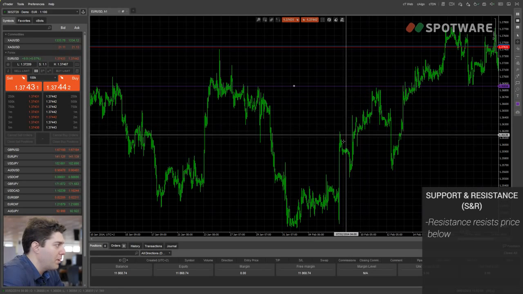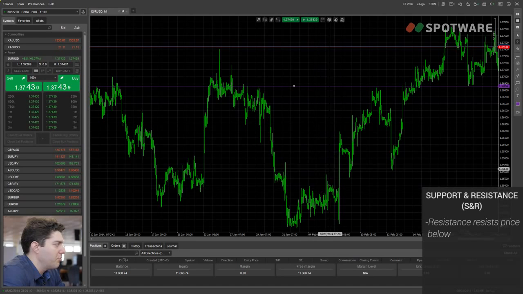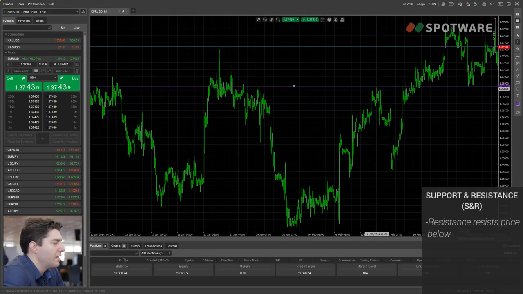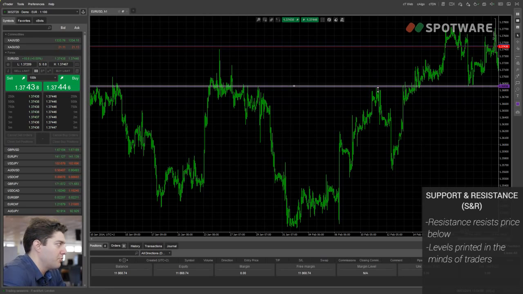And the people who wanted to enter in this swing below would wait for some retracement, which happened here. So the point is that at this specific level, a lot of people are closing their long positions using a short, and a lot of people are entering the market using a short because it's a previous point. And that's why in this place we have a big effect. So that's why support and resistance levels are important, because they're printed in the minds of traders.